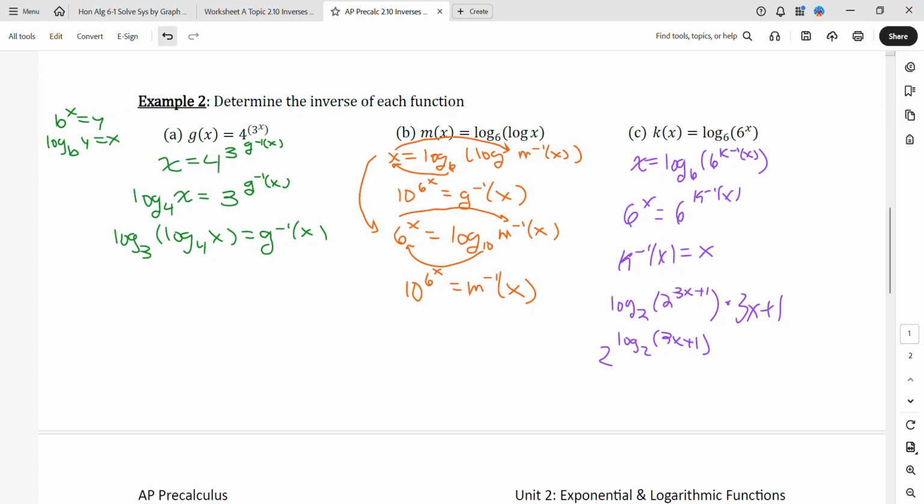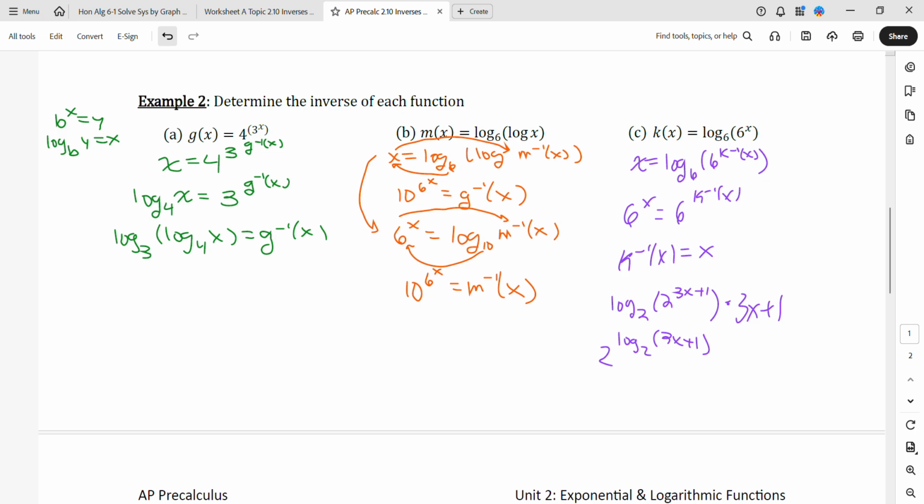Can you raise something to the log? Like a coefficient to the log or something? Yes, you can have a logarithm and an exponent.